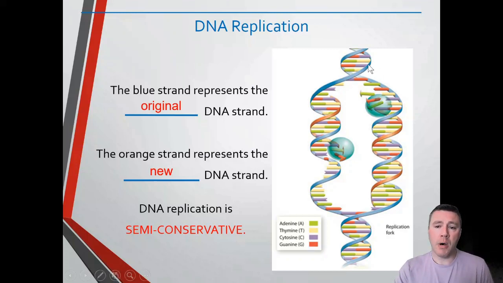So in looking at this model here, you can see that the blue strand here was saved. Over here, the blue strand here was saved, and then the orange strand is new. So in this side here, half of the DNA molecule was saved and is original, and in this over here, half of the DNA was saved and is original.